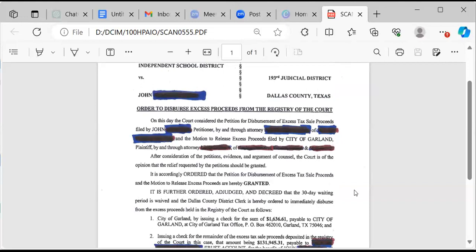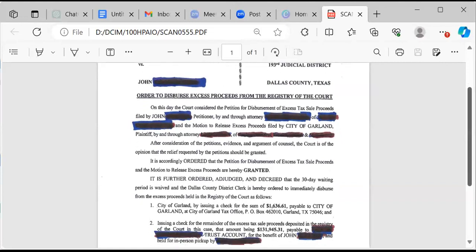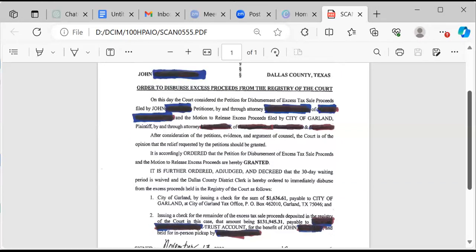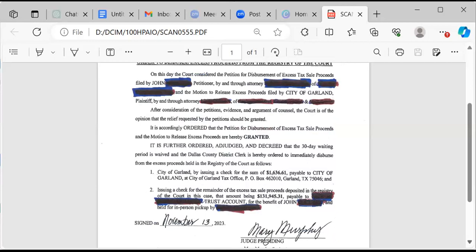Of course, the city of Garland, they get their little cut, which is the taxes. They got their cut, they good. What the young kids say, they gooch, they're good. They got their money. And it says issuing a check for the remainder of the excess tax sale proceeds deposited into the registry of the court in this case.